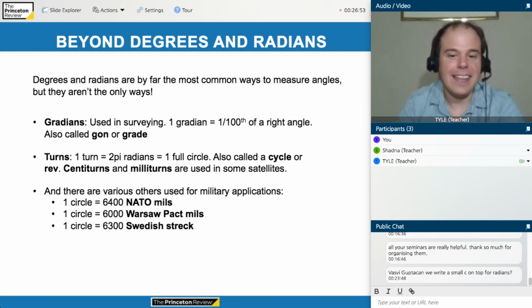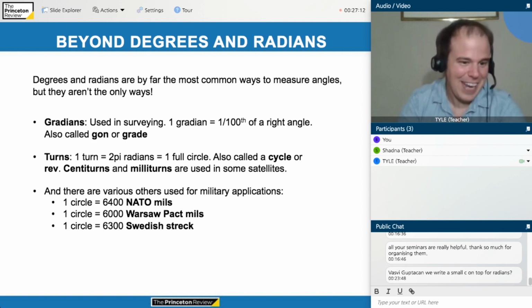And then in the military, often for especially artillery, scopes, things like this, or compasses that you want to be extremely accurate, there are a whole bunch of different types of units that get used, like NATO mils, Warsaw Pact mils, the Swedish streck. So that's pretty cool.